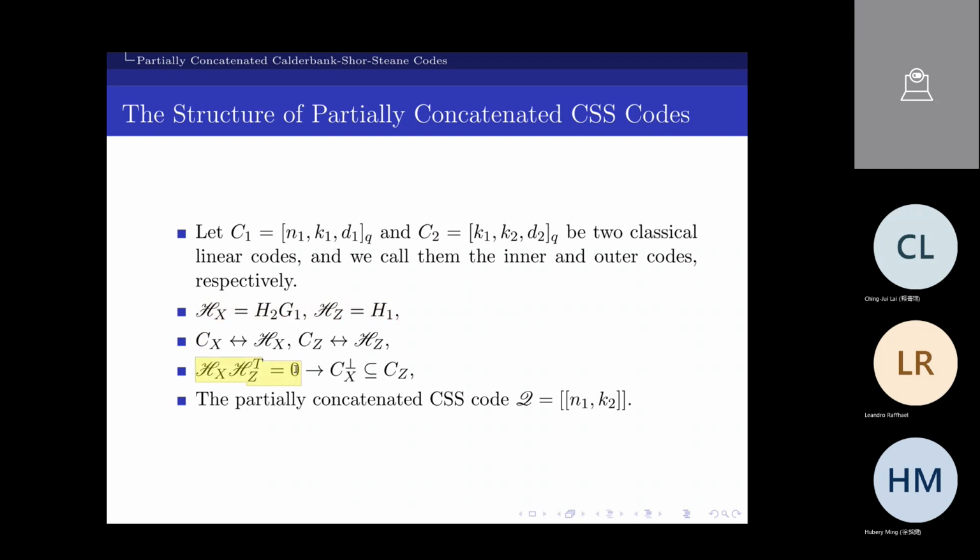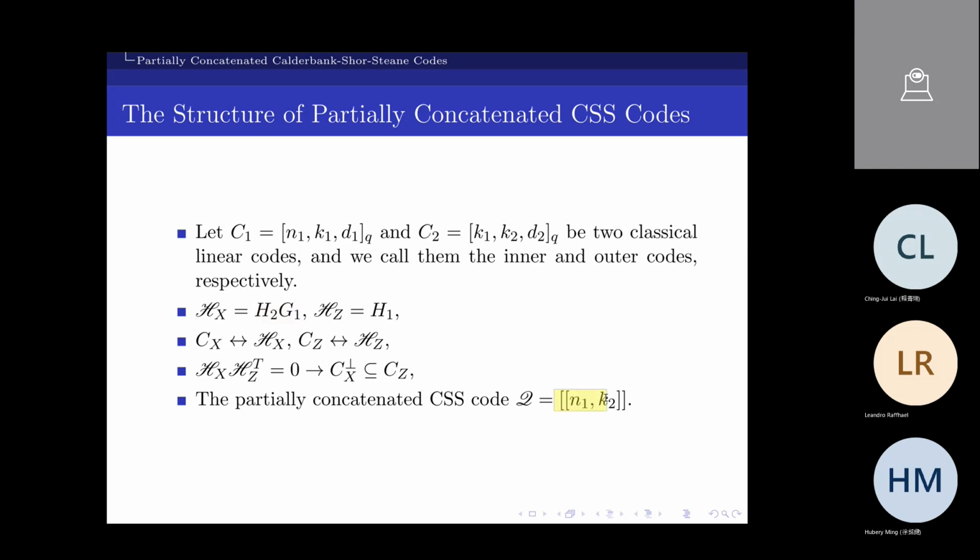Yes, the derived matrix. So we can construct a quantum code by using the CSS construction very easily, and we can obtain the so-called partially concatenated CSS code, because we only use the concatenation in the Hx part, and so we call it partially concatenated.